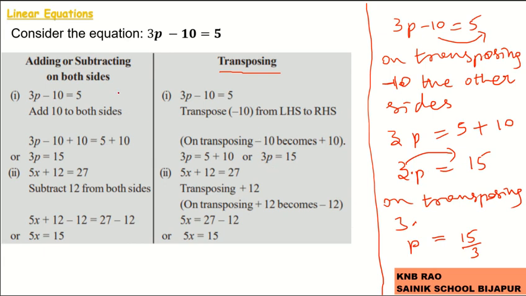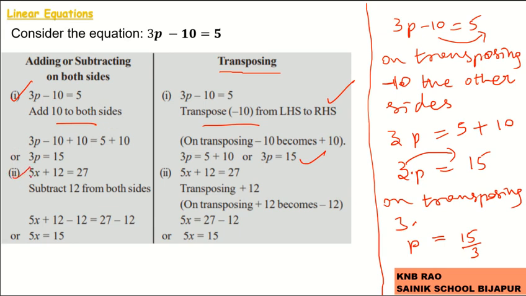Try to see here, adding 10 on both sides gives us the same as transposing minus 10 from LHS to RHS, gives us 3p equals to 15, whereas for the 3 transposing from LHS to RHS gives 15 upon 3, which is similar to the division. So, it is a comparison I gave for this 3p minus 10 equal to 5 equation.